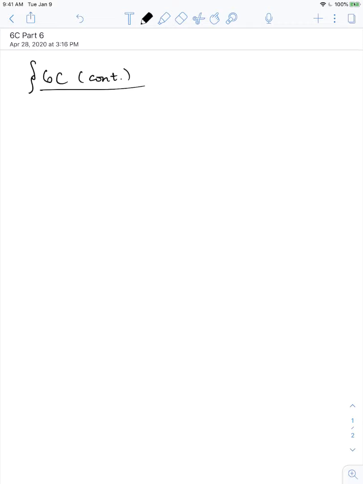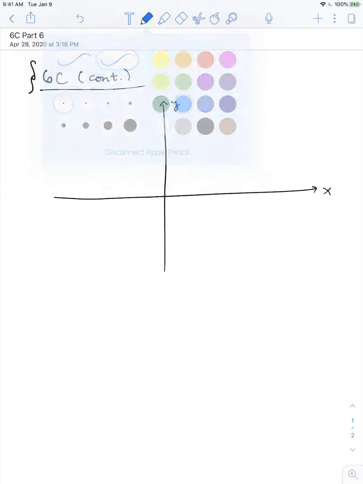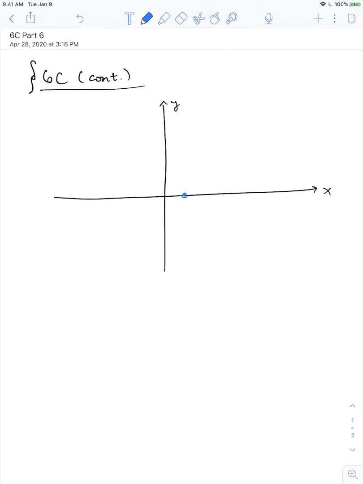So in this example, we have the good old XY plane, classic setting. And we have 3 points of interest. We have the point 1 over, 0 up. We have the point 2 over, 0 up.